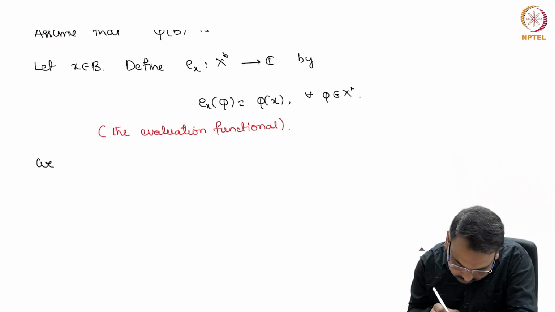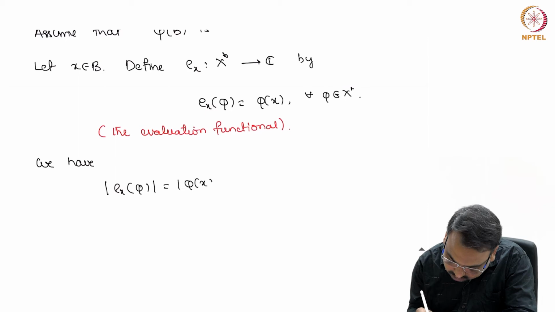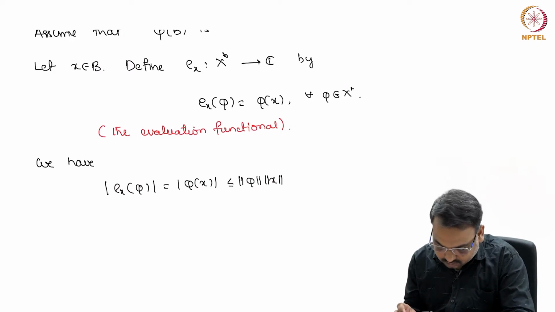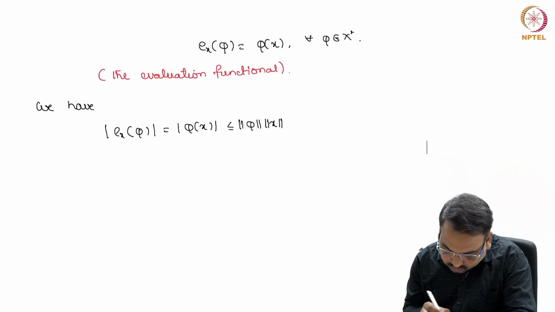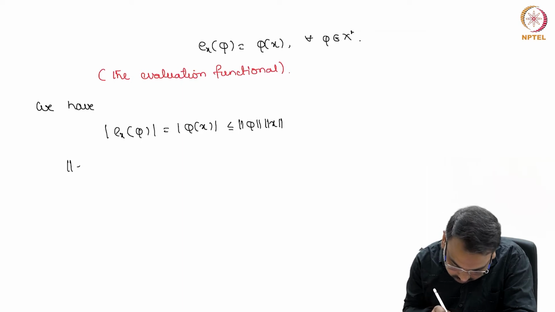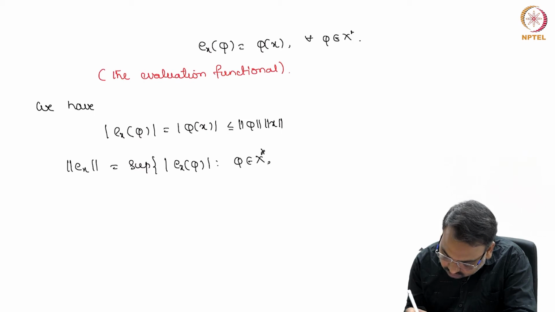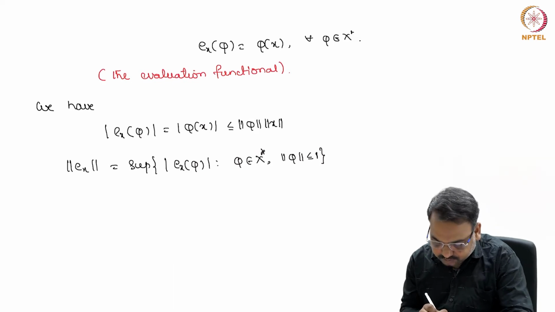We have norm of E_x at phi less than or equal to norm phi times norm x, and in fact the norm of E_x as a functional is the supremum of mod E_x of phi, where phi is in X star and norm phi is less than or equal to 1.